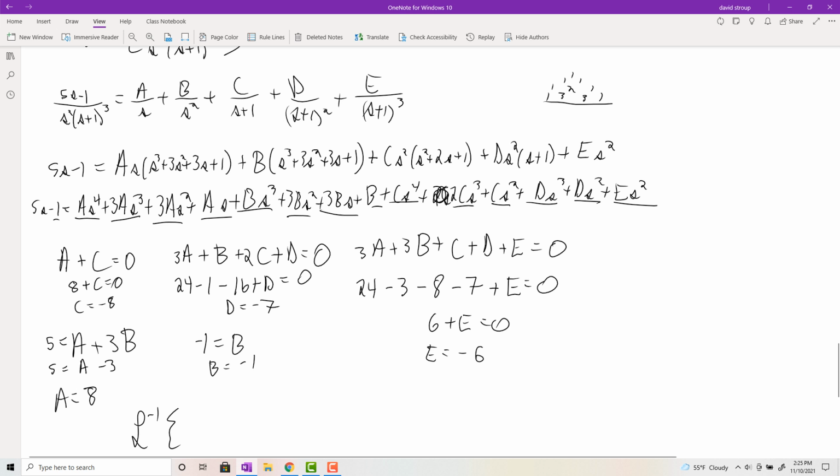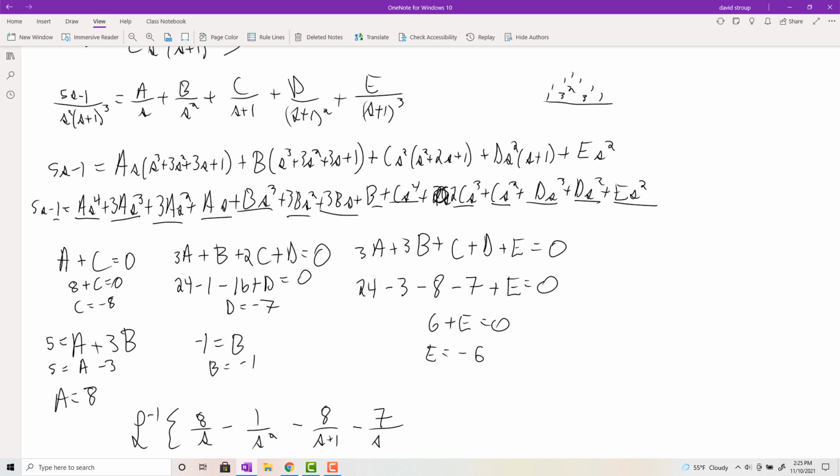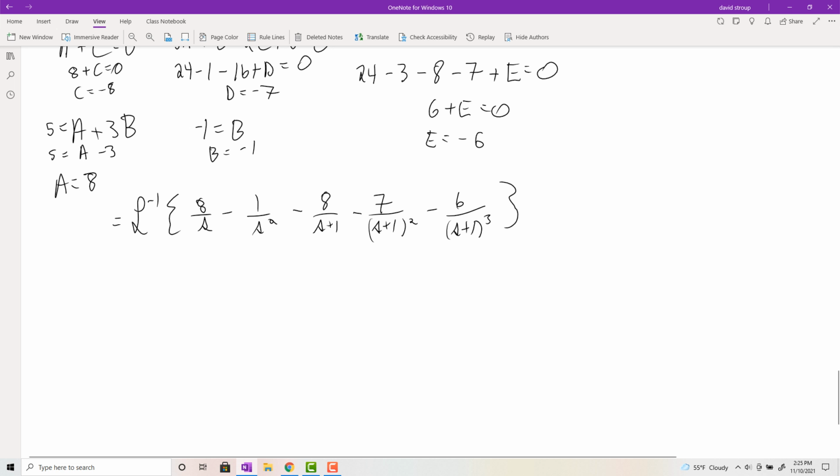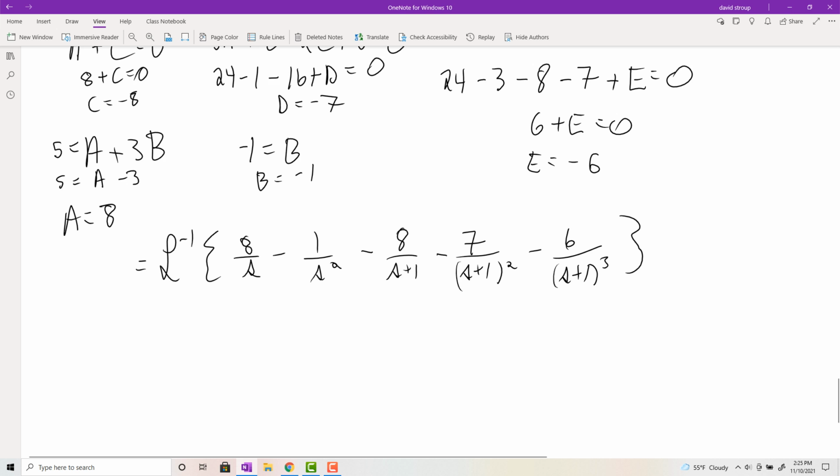So inverse Laplace of 8 over s minus 1 over s squared minus 8 all over s plus 1 minus 7 over s plus 1 squared minus 6 all over s plus 1 cubed. Okay, and then we could start doing some shifting and all that good stuff.